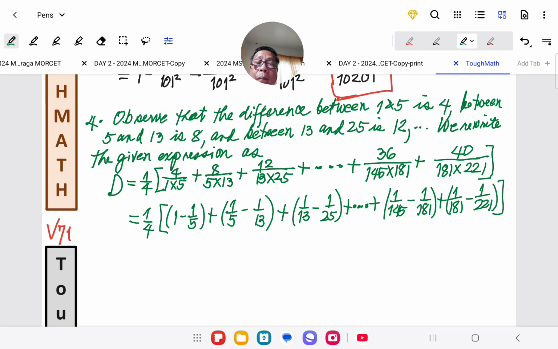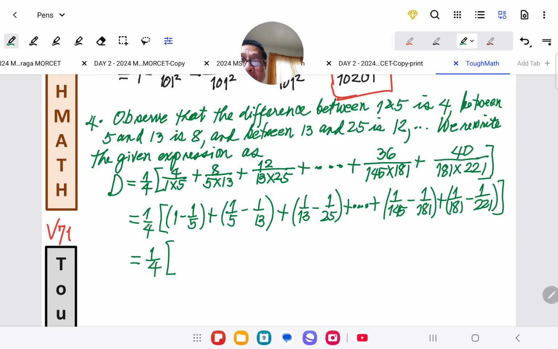So this is equal to 1/4. Again, the inner terms add up to 0.